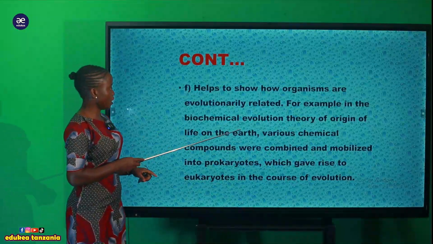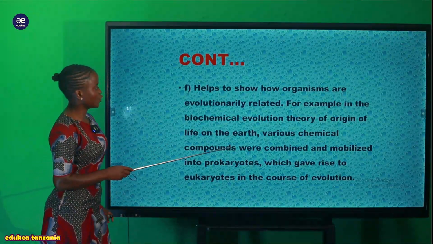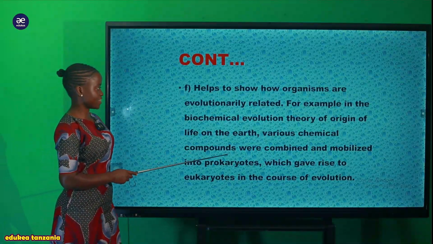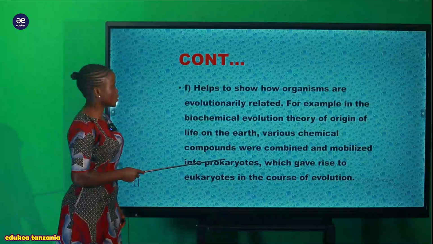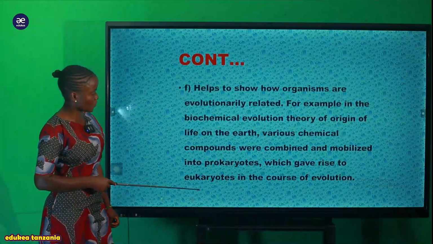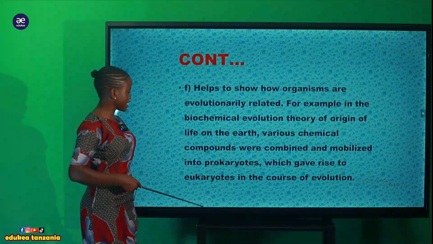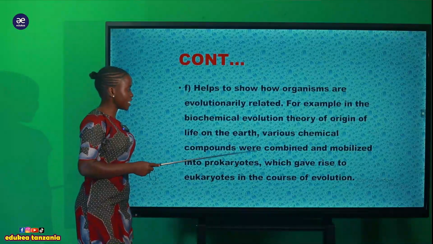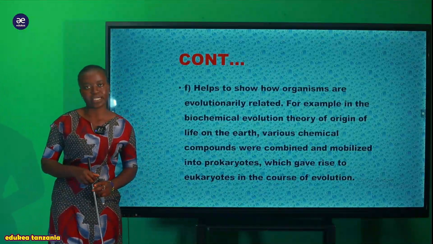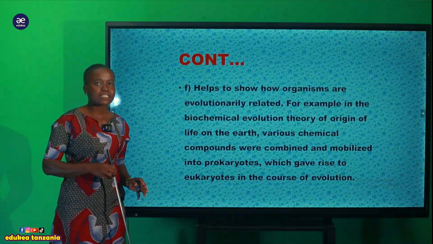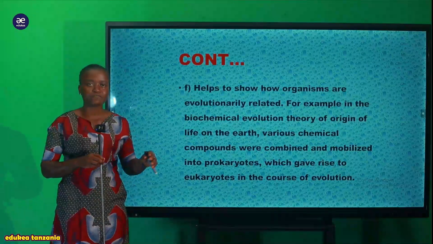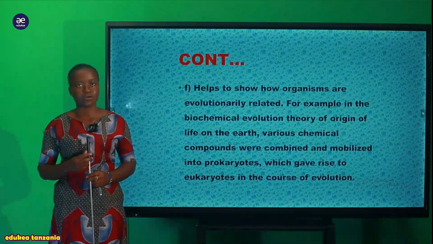That is, for example, in a biochemical evolution theory of the origin of life on the earth, various chemical compounds were combined and immobilized into prokaryotes, which give rise to eukaryotes in the course of evolution. So here we're going to learn how eukaryotic cells or eukaryotic organisms come from the prokaryotic organism.